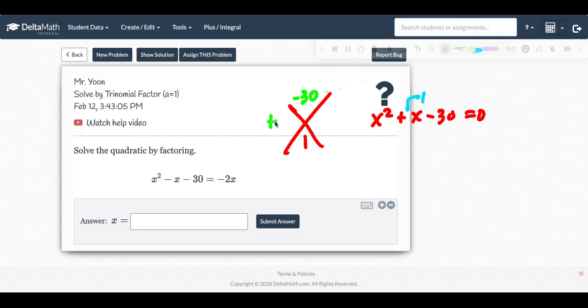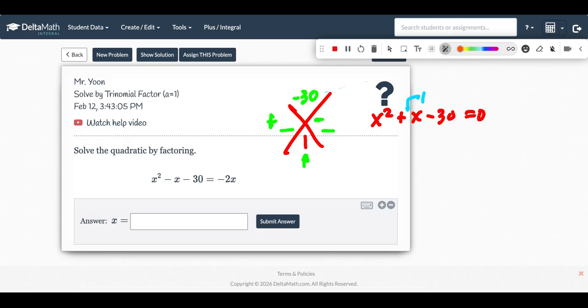So one will be positive, one will be negative. These two numbers, though, this number and that number, are going to subtract to make 1. Because when you have different signs, it'll be the difference of the two numbers.